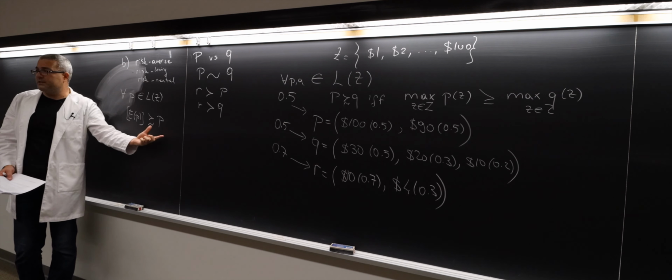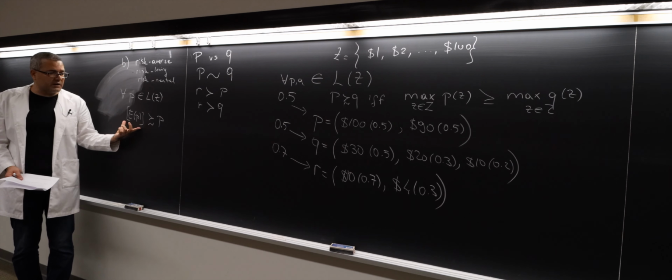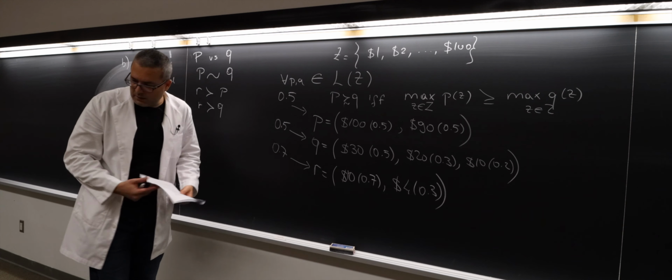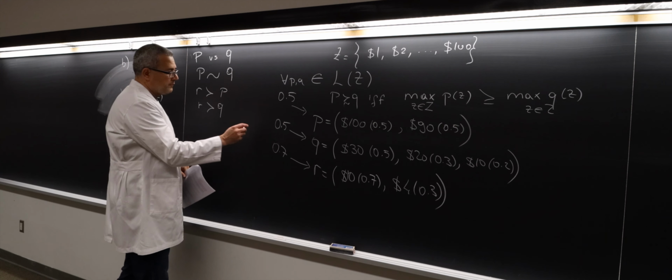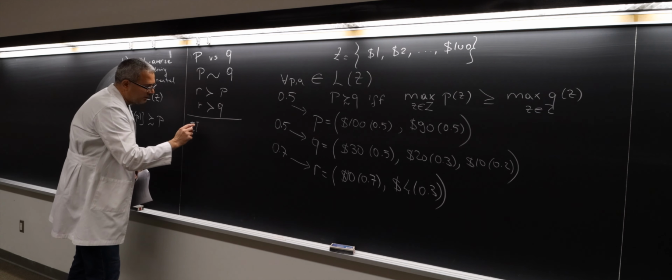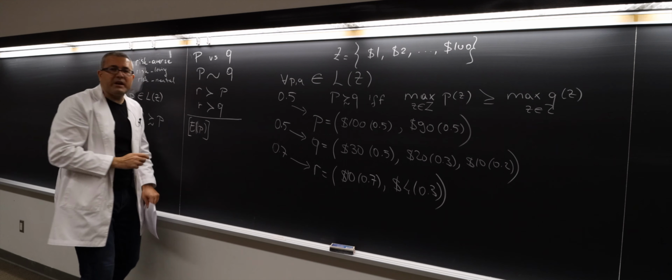So these are lotteries. You can't compare a lottery with some real number. So for example, for this P, what is the degenerate lottery E of P?